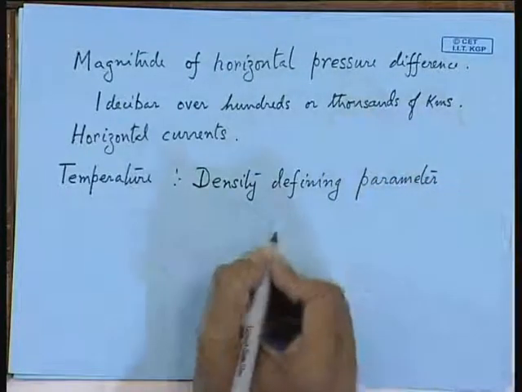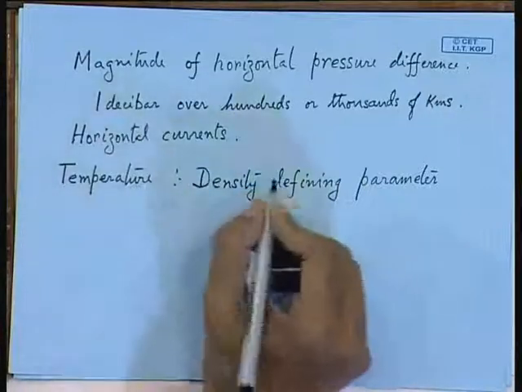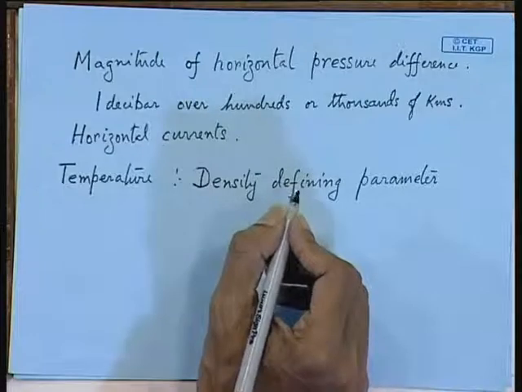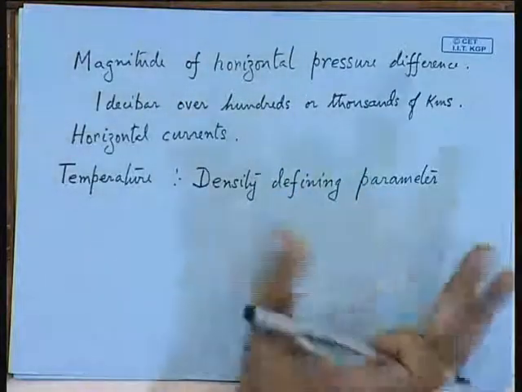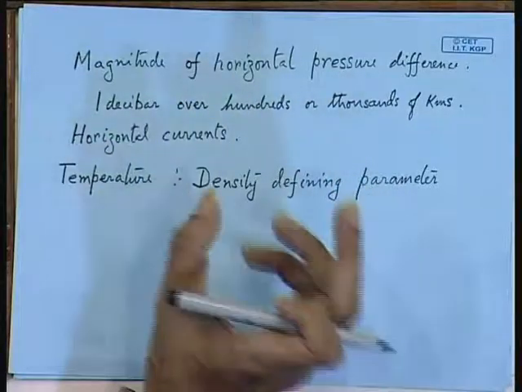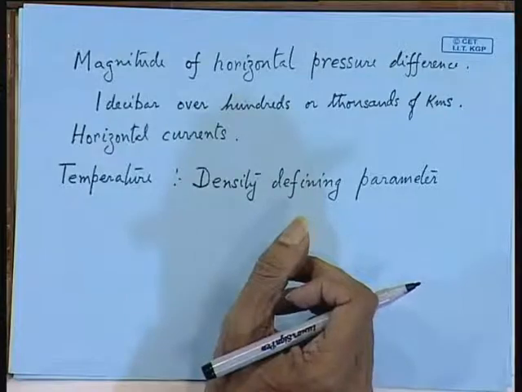So temperature changes density. Temperature of course is directly proportional to your heat influx. When we have more heat, obviously the water will expand, and in the colder regions it will contract. So, in the colder regions density will be more than in the equatorial region. So, temperature is a density defining parameter.